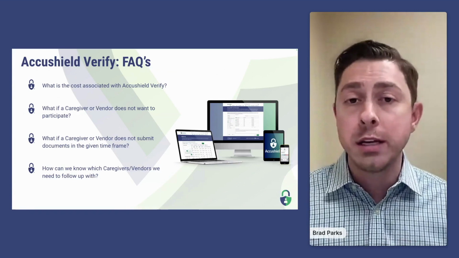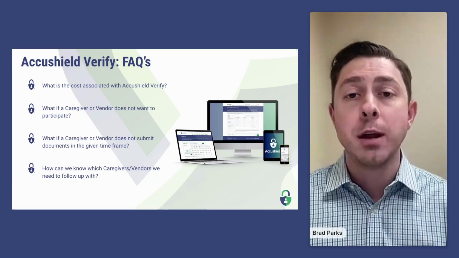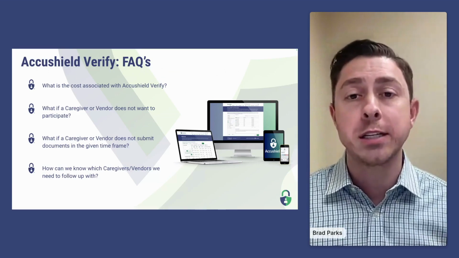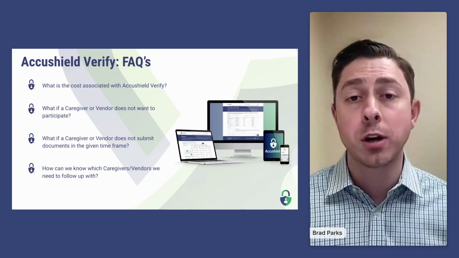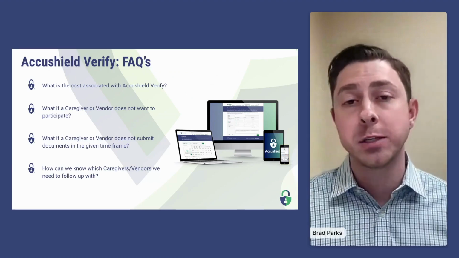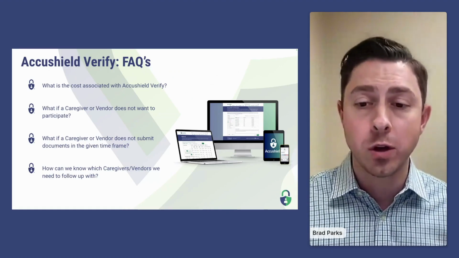So no one is billed prior to using the system and AccuShield managing and verifying those documents. That is a part of this process, and we want to make sure that awareness is in place for the cost. For the community, there is no cost in place. It is the responsibility of the company, the agency, or the self-employed.